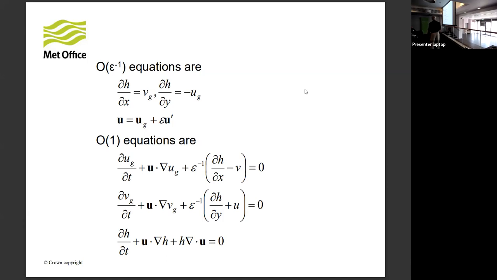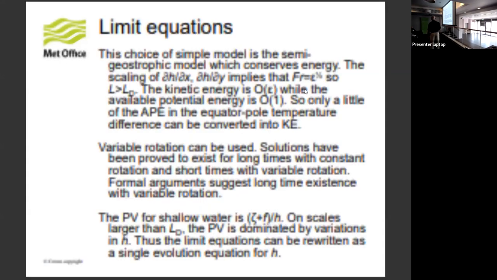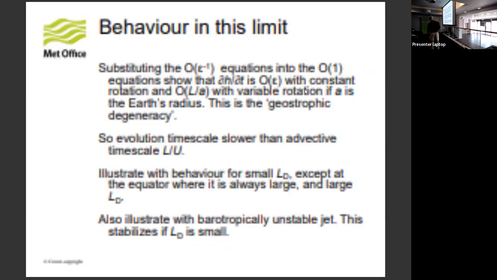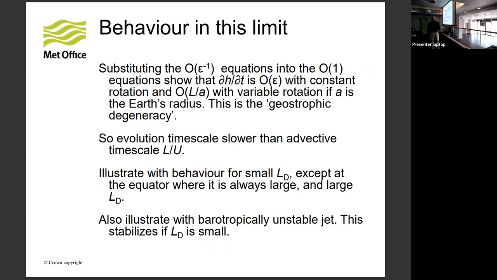Obviously UG and VG are just gradients of H, and then the equations at the top. I then find a massive calculation of terms.